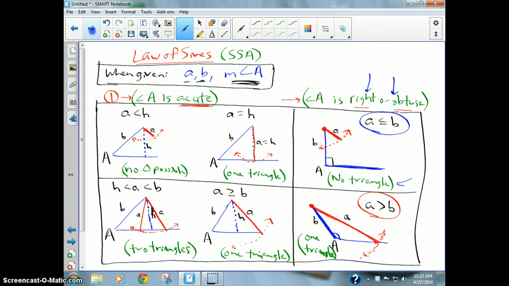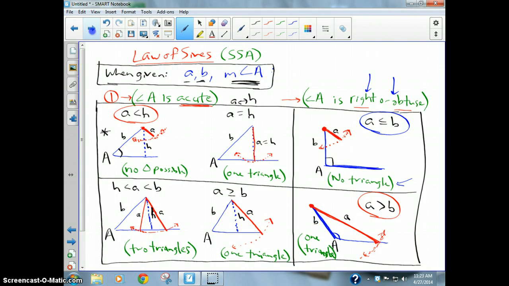Well, then there are 4 different situations, which is what you see in the picture. If angle A is acute, then what we need to do is compare side A to the height of the triangle. We need to compare those 2 sides. So in my first picture, right where I'm putting the black star, angle A is acute, and if little a is smaller than h, it will swing back and forth.